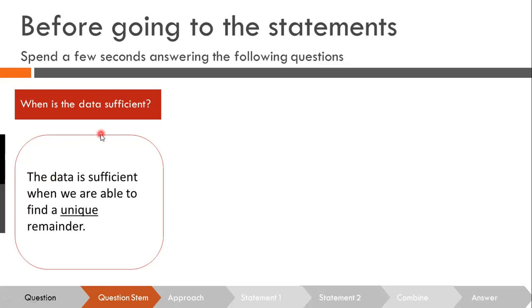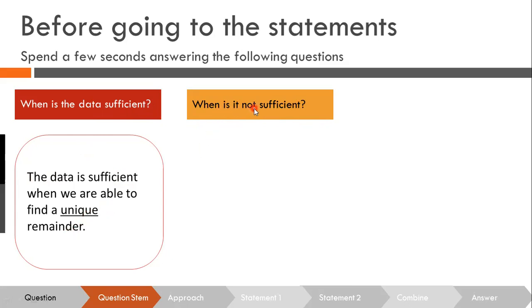Now the next question is, when is it not sufficient? The sufficiency is this: sufficient data must be given so that we can find the unique remainder.